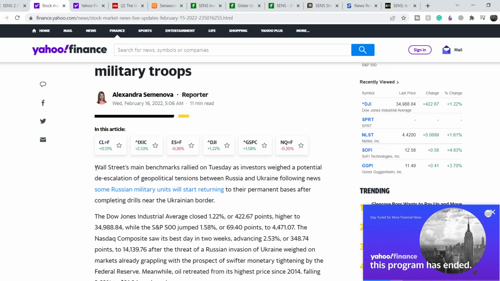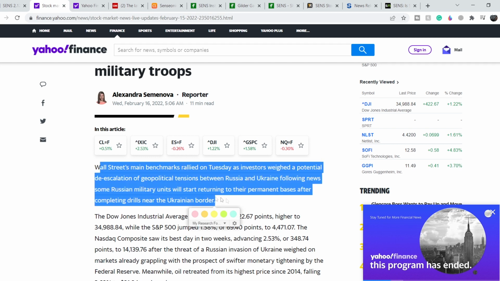Let me quote you this. "Wall Street's main benchmark rallied on Tuesday as investors weighed potential de-escalation of geopolitical tensions between Russia and Ukraine, following news that some Russian military units will start returning to their permanent bases after completing drills near the Ukrainian border." And I have to say that it is a huge relief for the entire world.